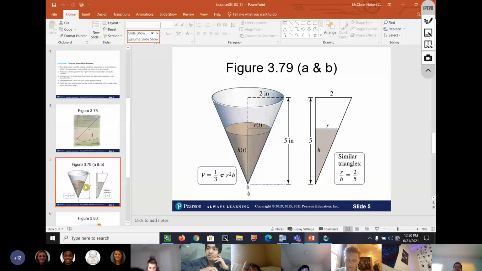Is that important? Yes. For your first unit of calculus in Calc 2, you're going to be filling up tanks. And let me show you.